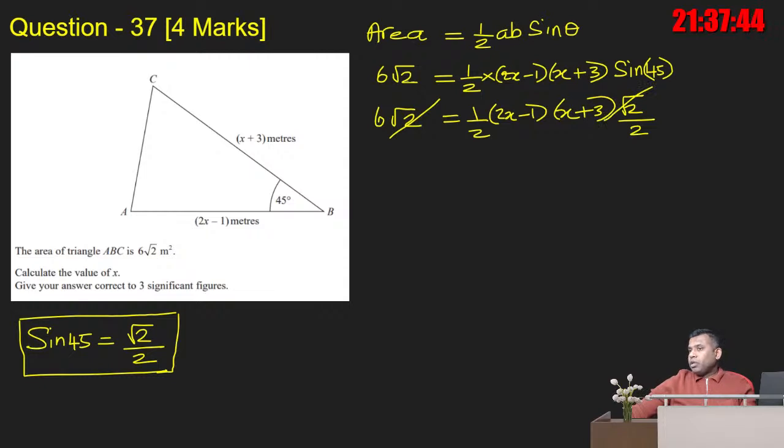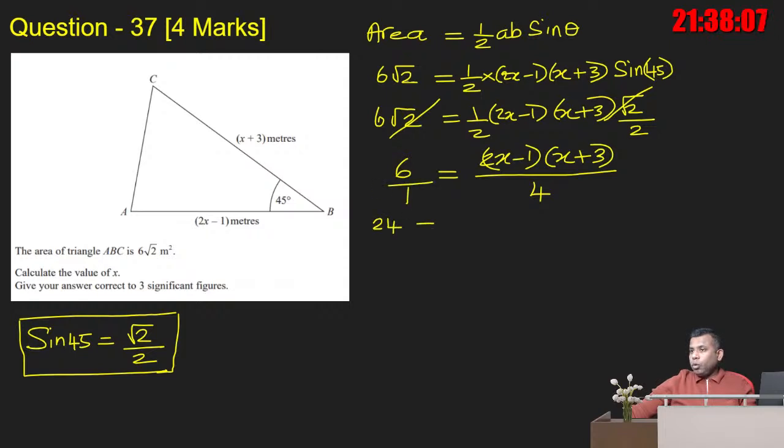So 2 times 2 is 4, and that 4 goes into the denominator: (2x minus 1)(x plus 3) over 4, and here only 6. Now I can cross multiply. 4 times 6 is 24 equals the expanded brackets.